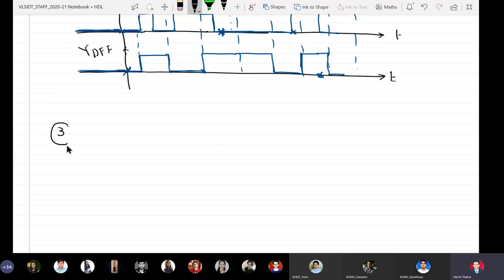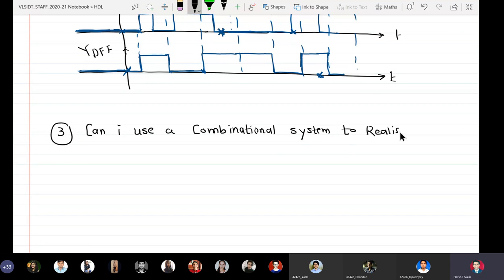See, very clear: can I use a combinational system to realize a sequential system?